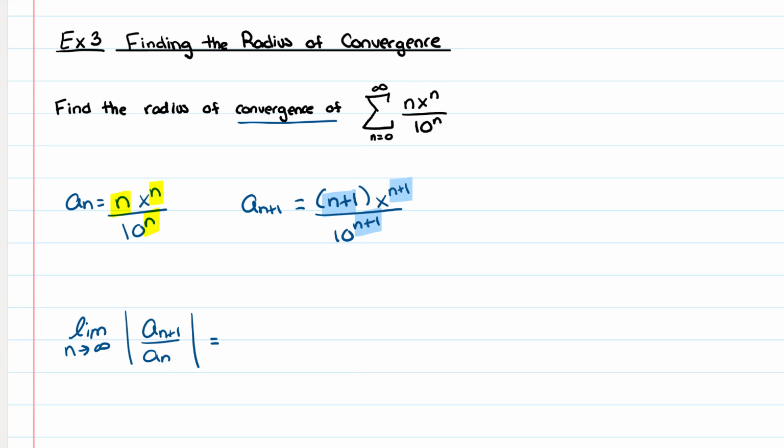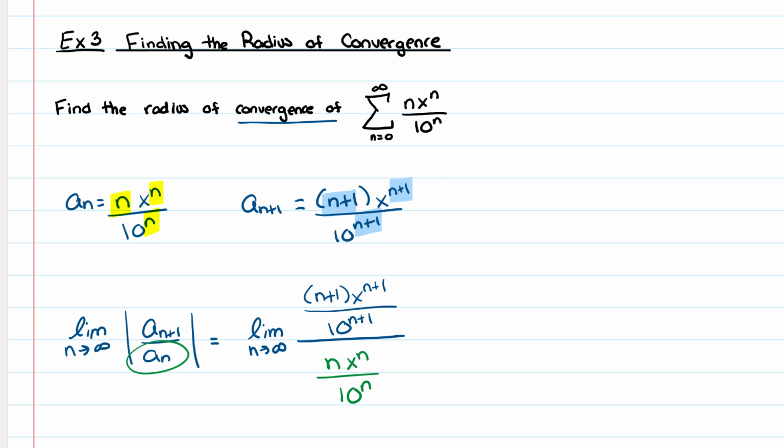This is where you're going to need some space because we're going to get some fractions over fractions here. So I get a sub n plus 1 is n plus 1 x to the n plus 1 divided by 10 to the n plus 1 divided by a sub n, which is n times x to the n divided by 10 to the n power.